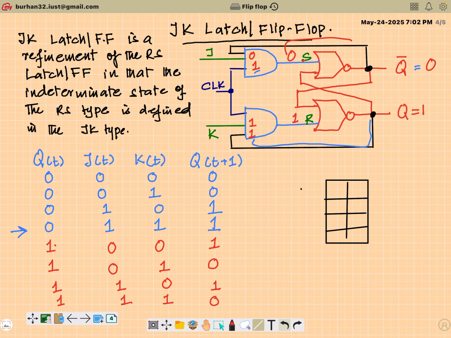I will have J complement K complement, J complement K, J K. Fine, then we'll fill up this map.